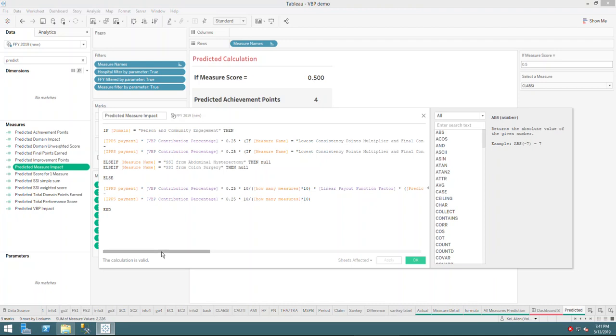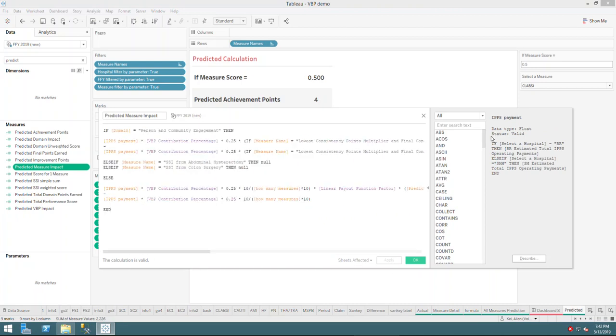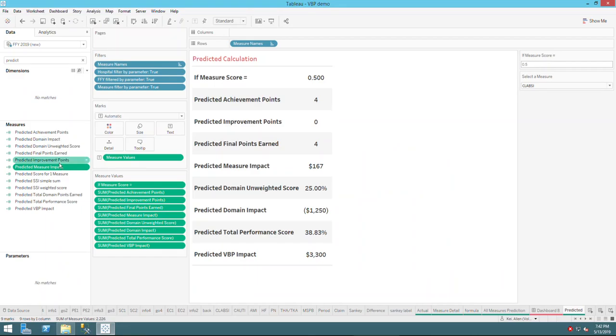Basically, I'm just implementing what I explained in this PowerPoint. You just need to make it happen in Tableau.